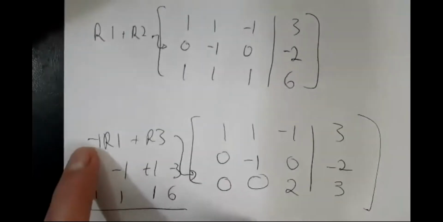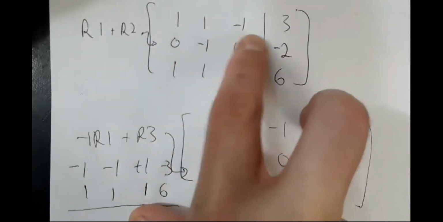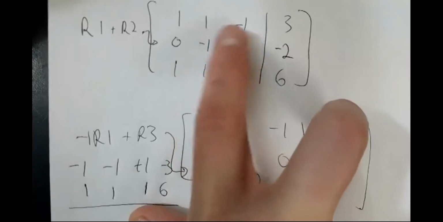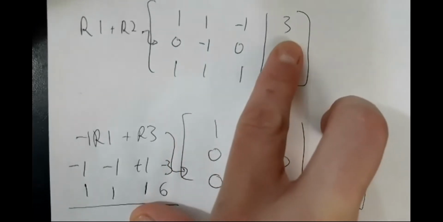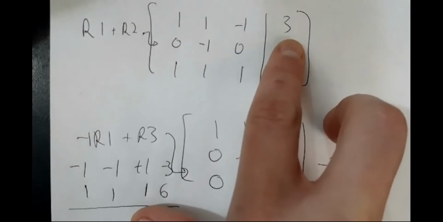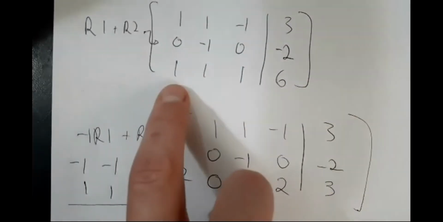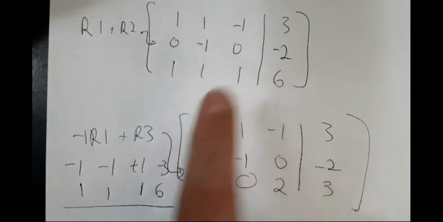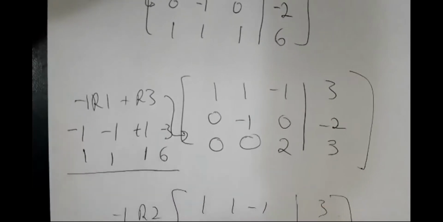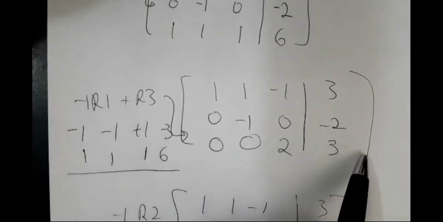This is the -1 times this entire row up here, so it's a -1, -1, +1, -3. And then I'm going to add that to row 3, which is this one: 1, 1, 1, 6. And so when I do this, I'm getting this third row right here.